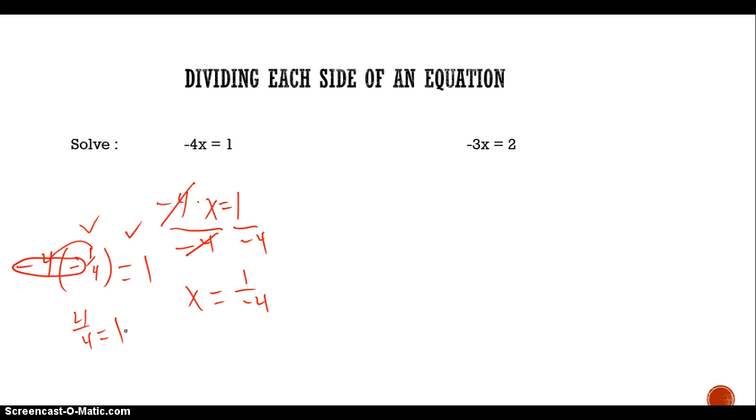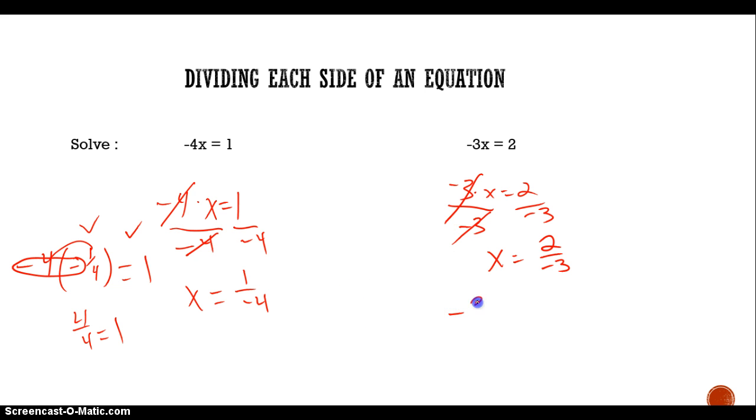Okay, so again, make sure you're talking to yourself through the problem. Okay, so I would say negative 3 times x equals 2. So if it's multiplication, I use the inverse operation, divide by negative 3. So x equals 2 over negative 3, or negative 2/3, however you'd like to say it.